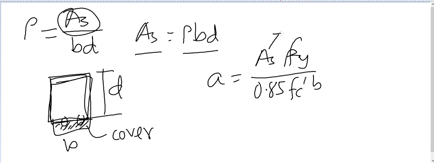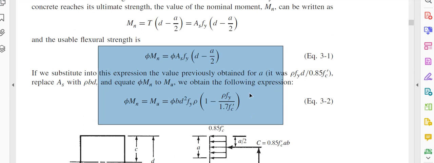Now if I replace As by rho BD, then there is a new term. There will be no As, there will be rho BD. If I replace this, then I will get this equation. So I am replacing As and a, and my equation is becoming this.